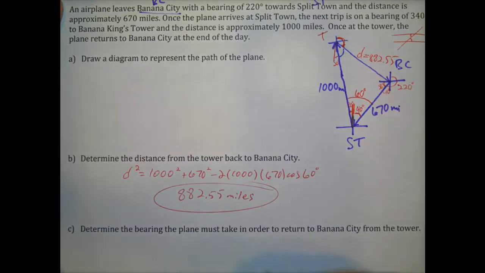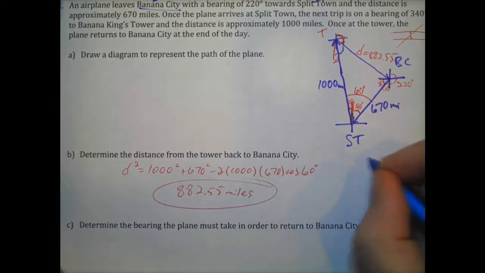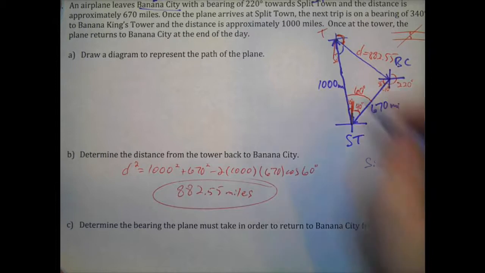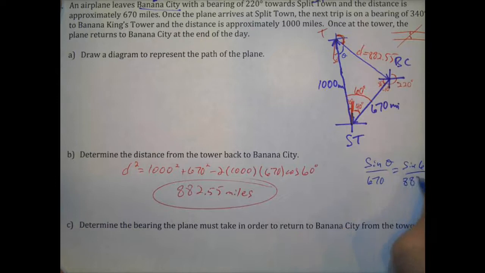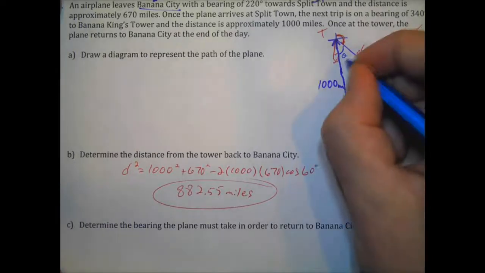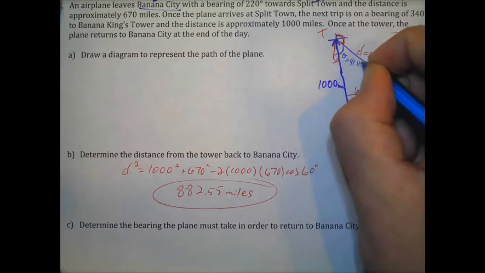Don't forget about the law of sines, we can use that. So sine of that angle I'm looking for, I'll call it theta, theta over 670 equals sine of 60 over the side I just found, 882.55. Type that in your calculator and your angle will come out 41.11 degrees.